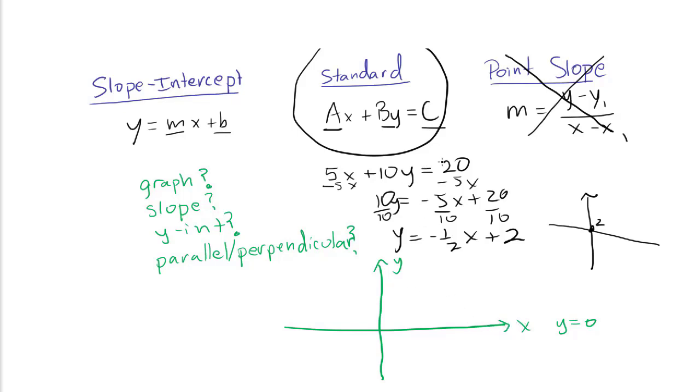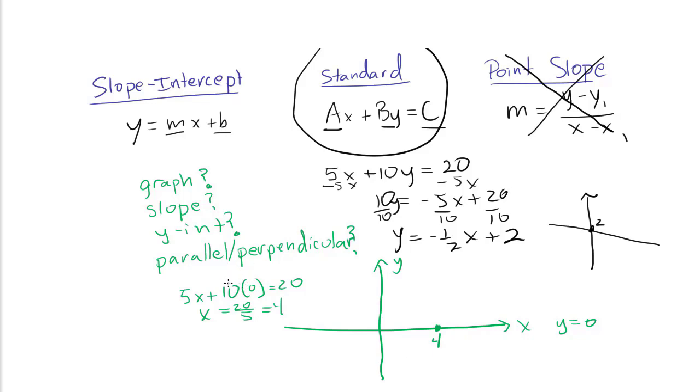So I can solve the standard form linear equation when y equals 0. That's 5x plus 10 times 0 equals 20. Divide through by 5, x equals 20 over 5, x equals 4. So I know my line intersects the x-axis at 4.